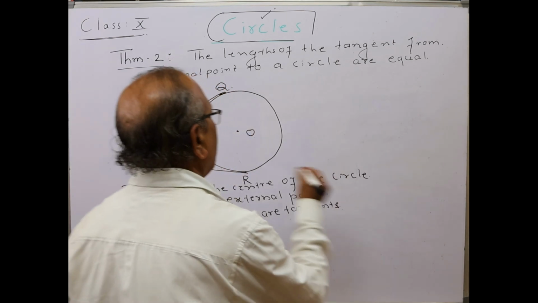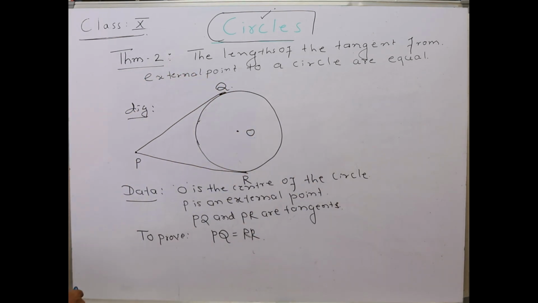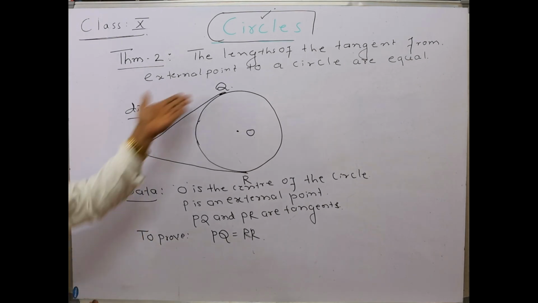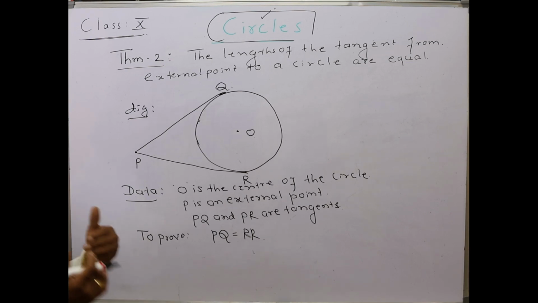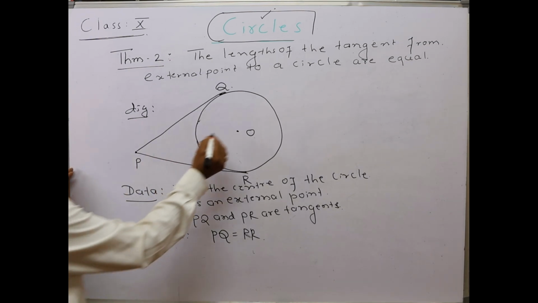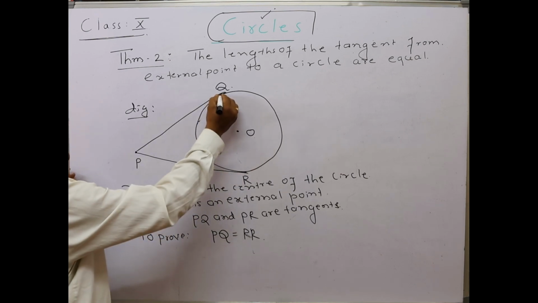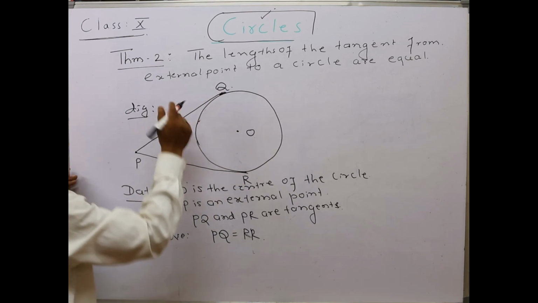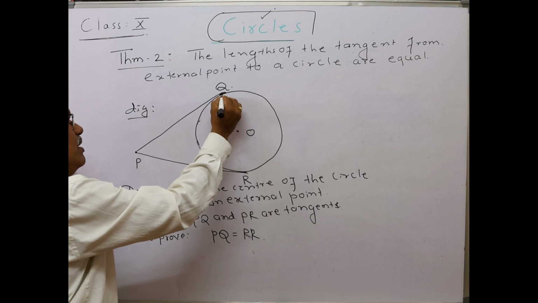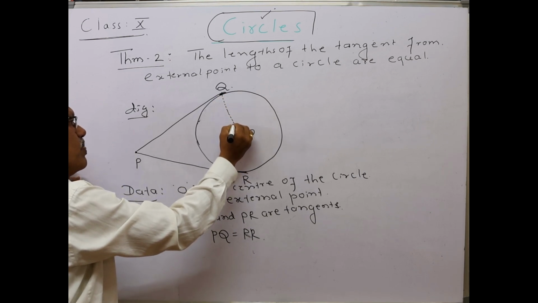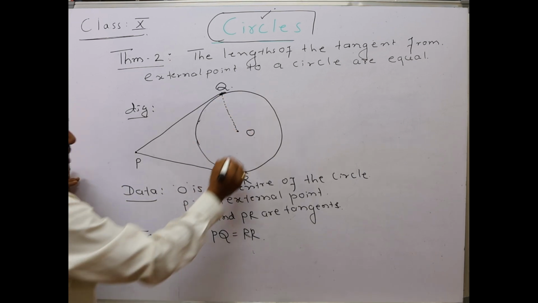Now comes the part of the proof. Before you prove, you have to plan, very important, or understand the plan. Let me explain. To prove PQ equals PR, we must create a situation so that we can prove this. Already you studied triangles, and we are using some criteria for congruence.